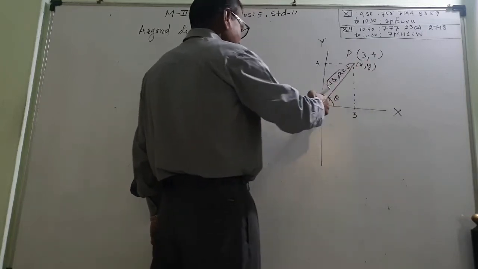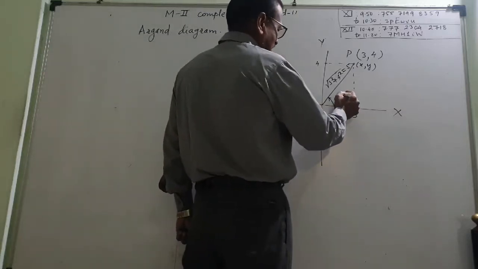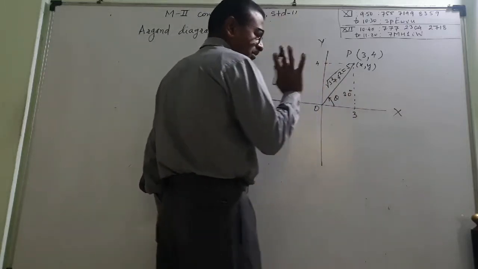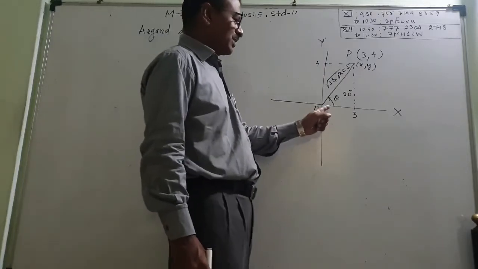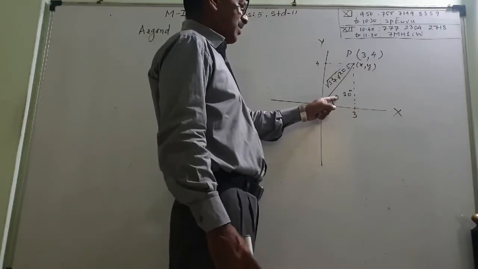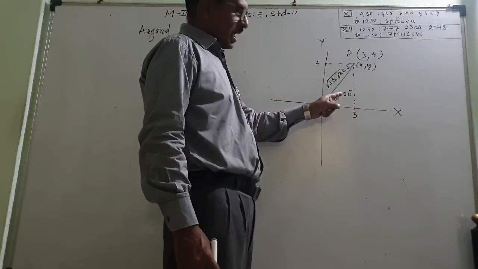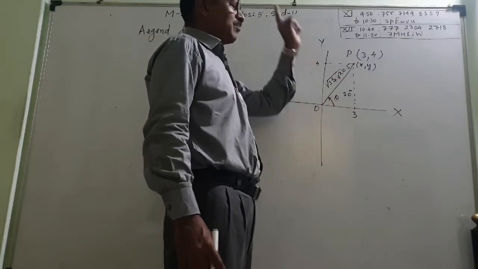The length of this is 5, and angle, suppose it is 30 degree. Time pass. Okay. It is not 30 degree. It is something else. But suppose it is 30 degree and the length is 5. So the angle made with the x-axis, positive x-axis is 30 degree, and the length of the arm is 5.